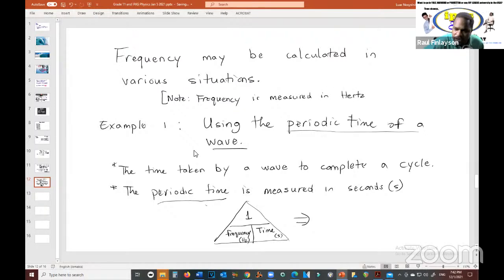Again, a lot of these units, if they sound strange, it's because they are named after a person. So the hertz was named after, I think it was Gustav Hertz. Believe it was this German guy.